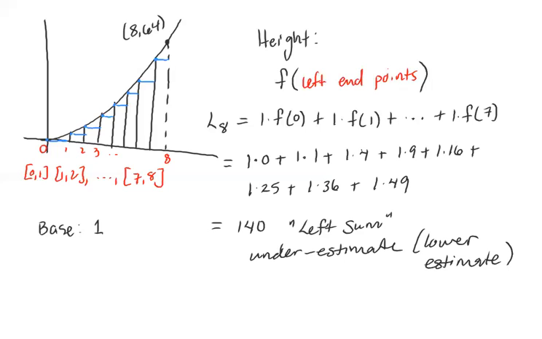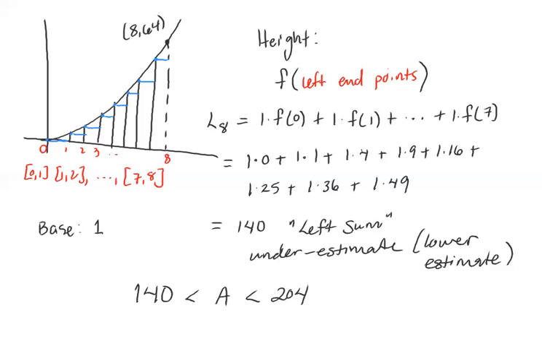And I can tell that the actual area underneath that curve is greater than 140, which is the left sum with 8 rectangles. It is also less than 204, which is the upper sum. It is the overestimate that we got using the right endpoints of the rectangles.